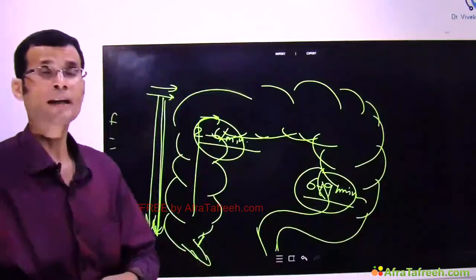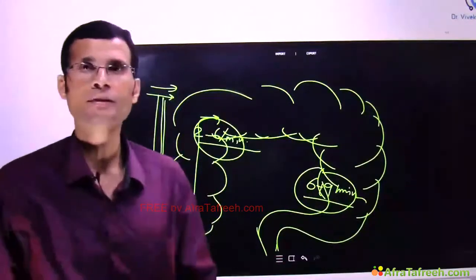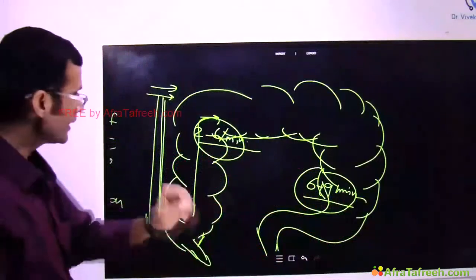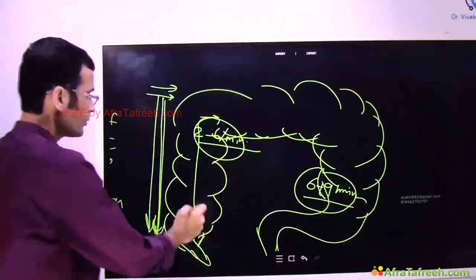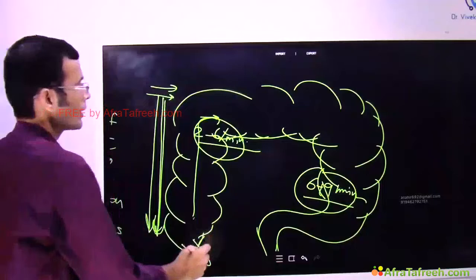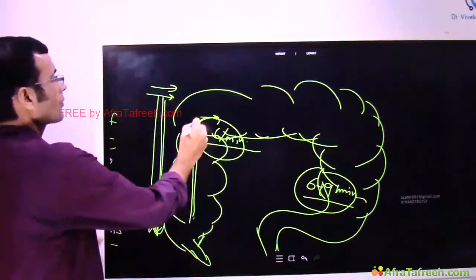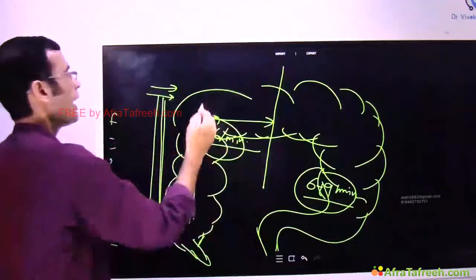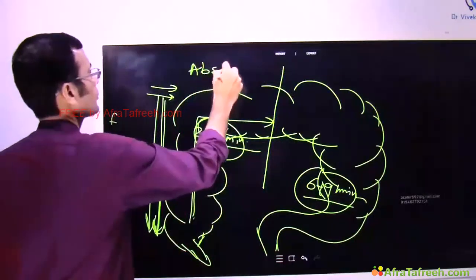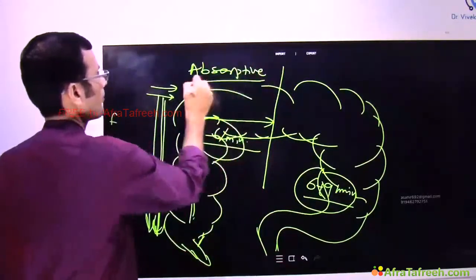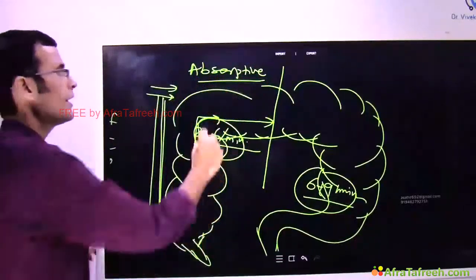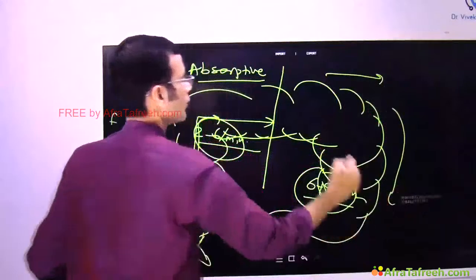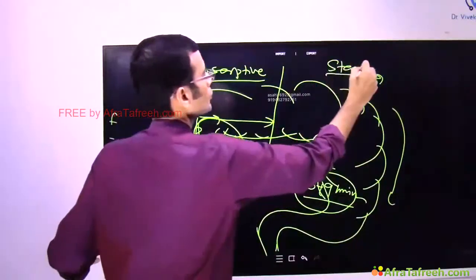In this direction is the only place where antiperistalsis is naturally seen. Let's try to understand why. What is the significance that antiperistalsis is naturally seen here? Well, the significance lies in this. The ascending colon and half of the transverse colon is called the absorptive colon, and the remaining part, transverse colon and descending colon, is called the storage colon.